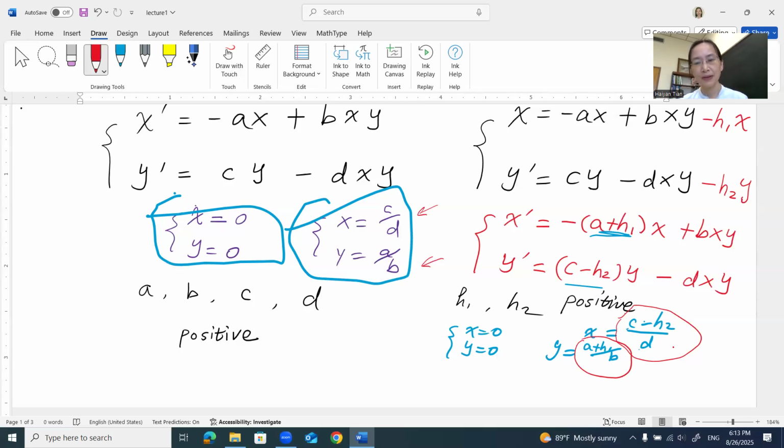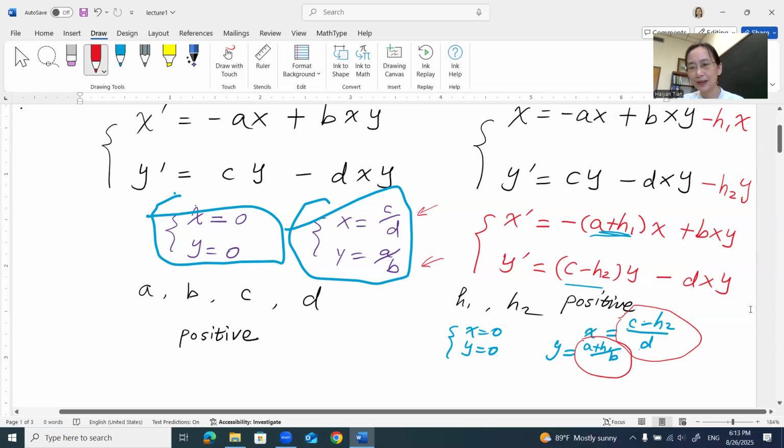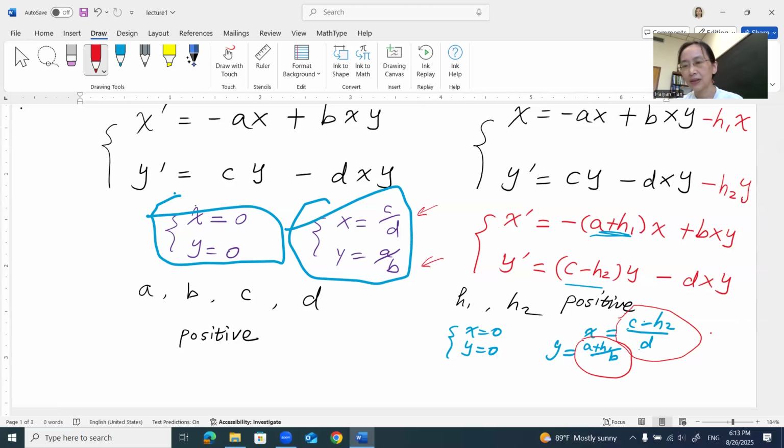That's also true for the non-constant solutions, since we know this quantity is actually the average, right? If you have a periodic solution, the average of a periodic solution will be this constant. So the average predator population will be this quantity, which is less than the average when there's no harvesting.